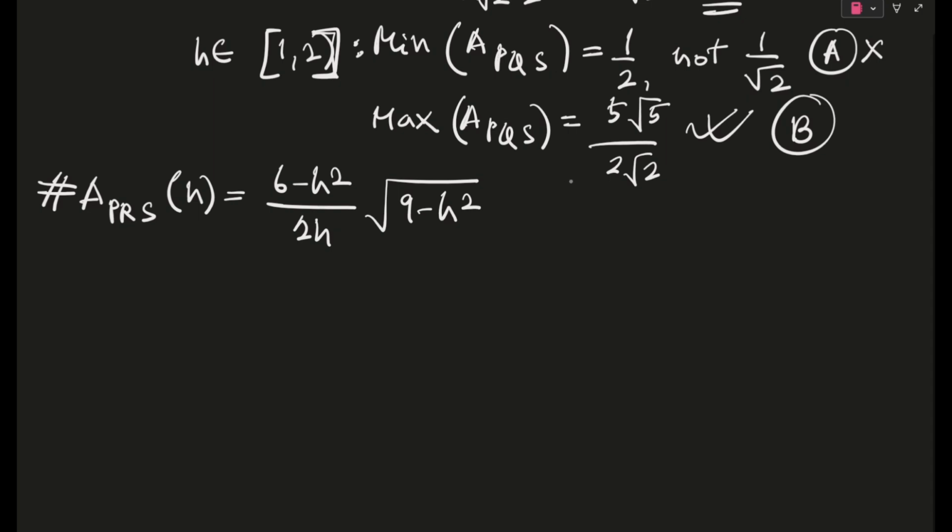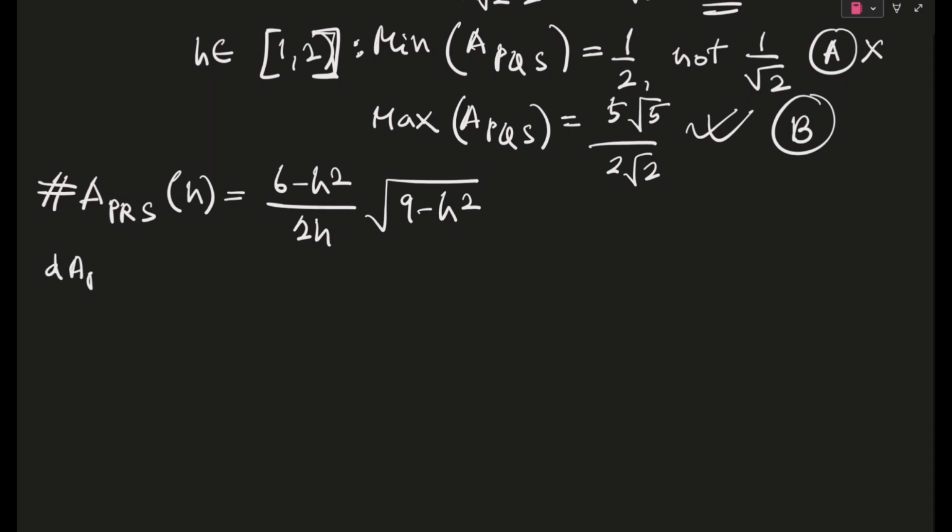So guys, at this position, you can go for directly putting this, but still I have found out it will be a lot of calculation. See, if you don't want to find out the first derivative for this area of triangle PRS, there will be absolutely no harm. You can go for directly substituting h equals to 1 and 2. But still I am finding it out so that you have an idea.